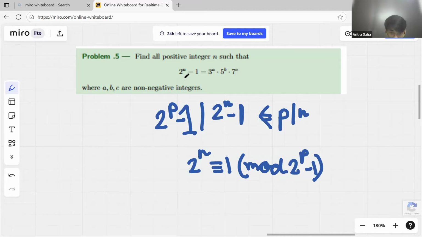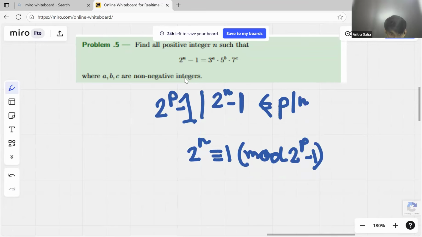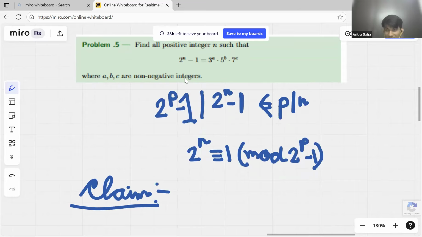So there is one claim that I'm trying to prove. This is helpful in general, not only for this problem: the largest prime divisor of 2 to the power n minus 1 is strictly greater than the largest prime divisor of n, basically.